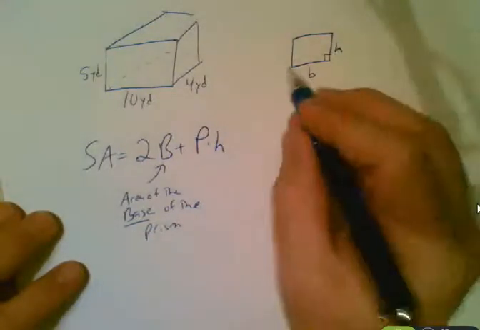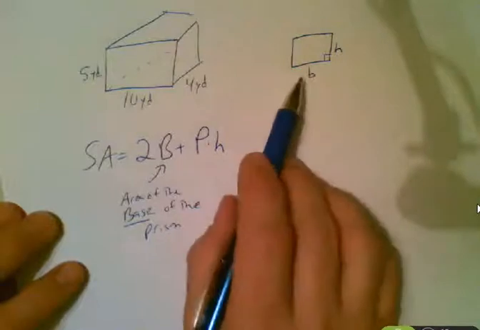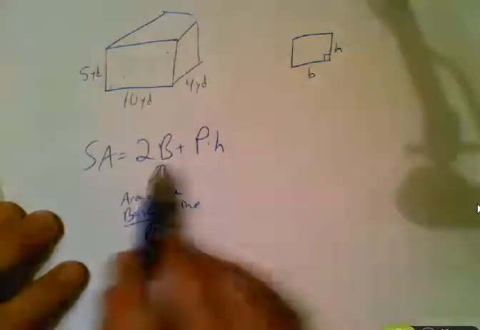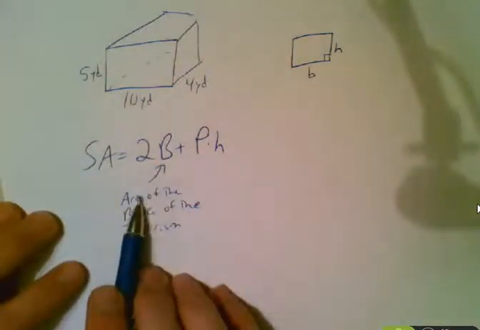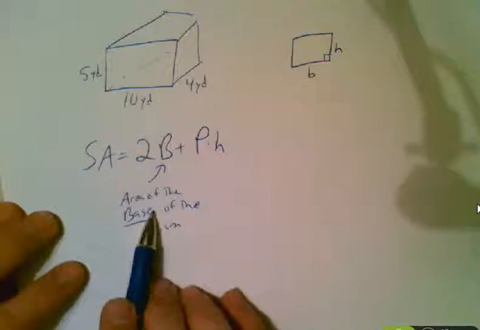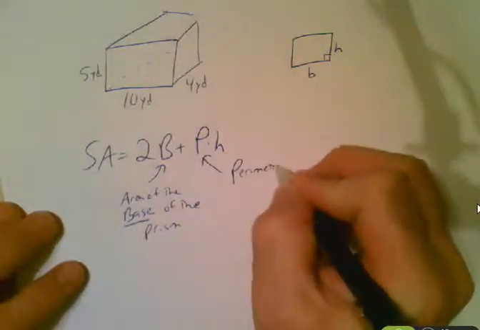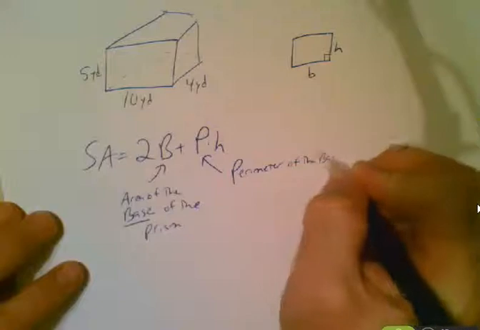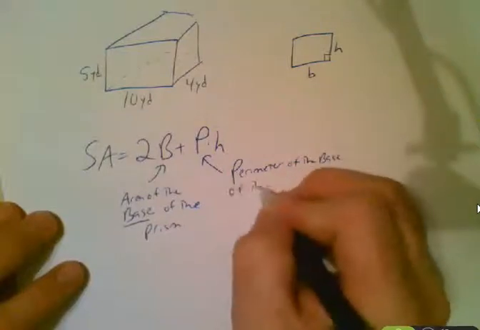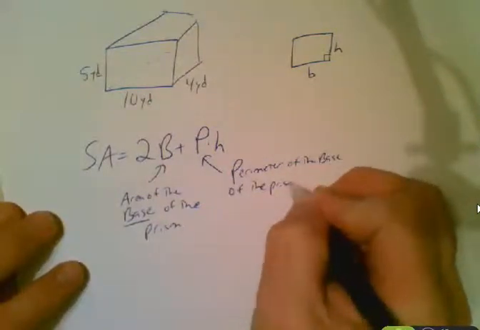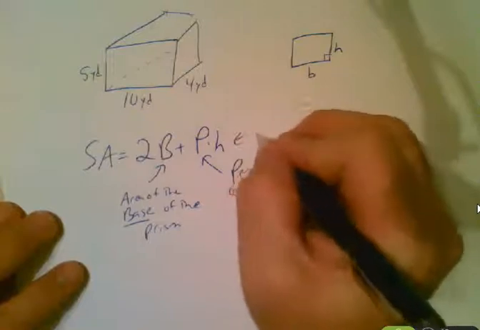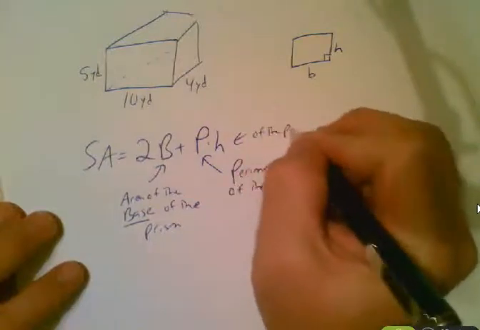You have your base and your height. But we always used a little b back then. When I say big B, I'm talking about the area of the base. Okay? And when I say P, I'm talking about the perimeter of the base of the prism. And then when I talk about height, I'm talking about height of the prism.